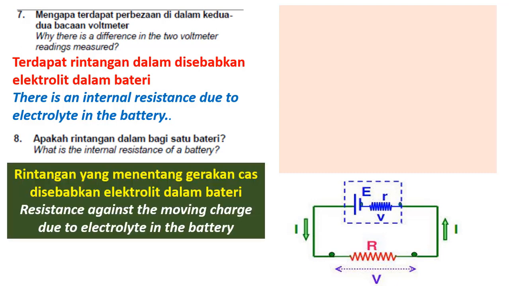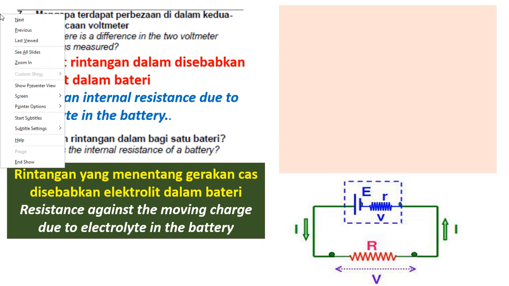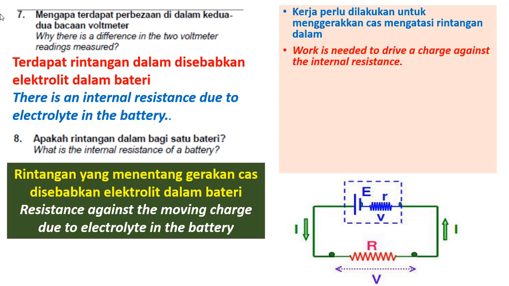So what is internal resistance? Resistance against the moving charge due to the electrolyte in the battery. We want to move the charge from the negative terminal to the positive terminal, so they have to pass through the electrolyte and it will need energy. This energy is taken and changed to heat energy. So energy is needed to drive a charge against the internal resistance.